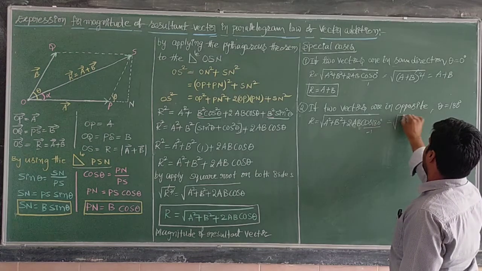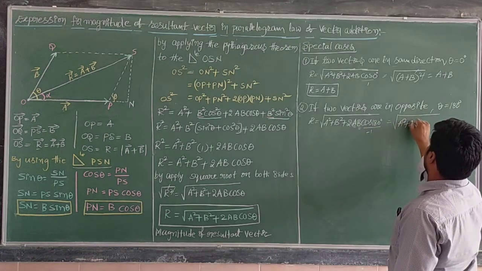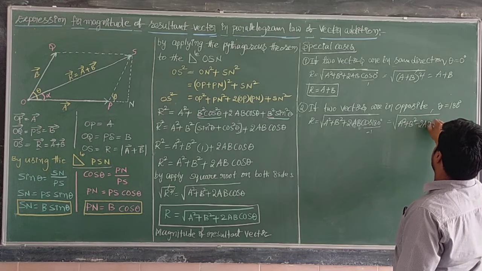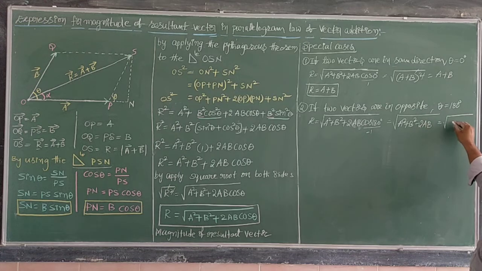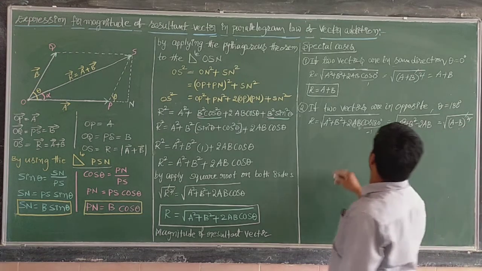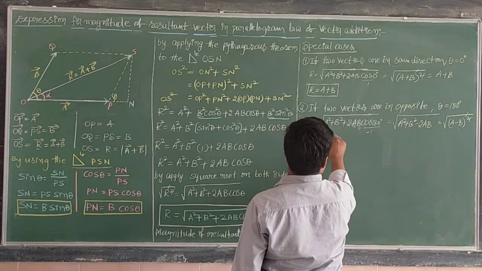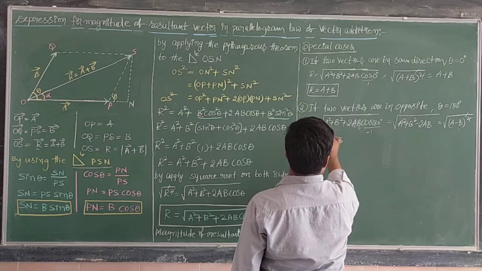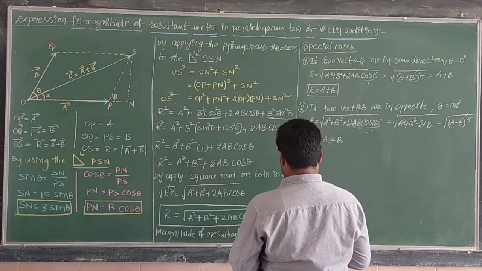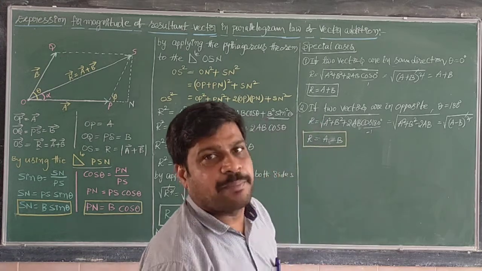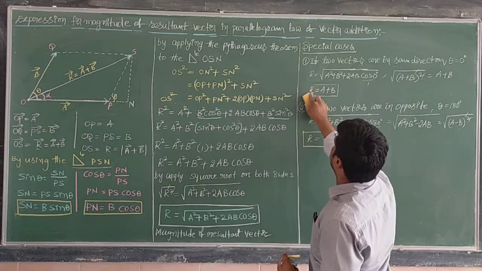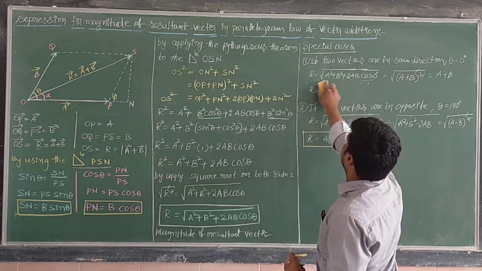So I get a square plus b square minus 2ab, which is a minus b whole square. Cancelling, the resultant vector R is a minus b. That means when the two vectors are in opposite directions, their magnitudes subtract from each other.